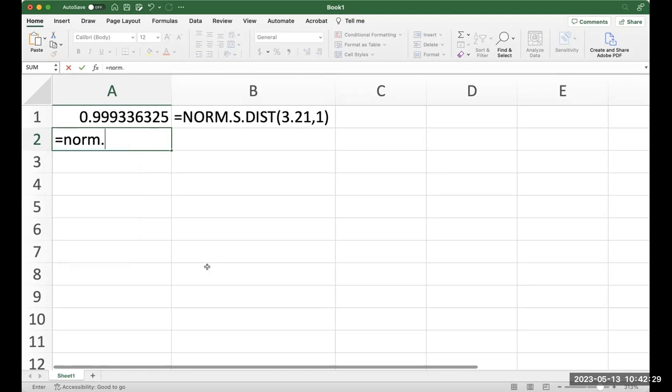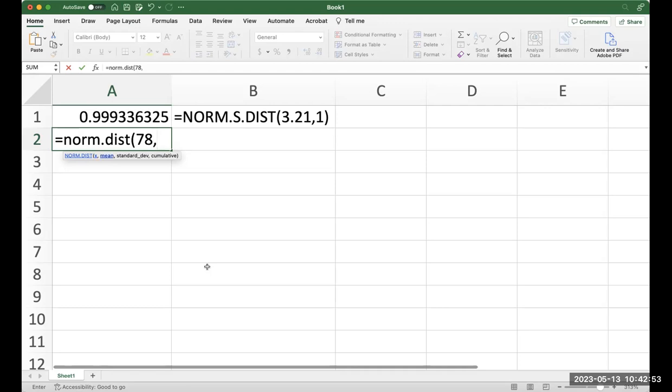So if I use norm without the S, it's going to ask me a bunch of things. You see, it's going to ask me X, mean, standard deviation. So here I go back to the original distribution. I don't have to standardize. I can just tell it from the get-go what I wanted to do. So X was the actual height of Michael Jordan.